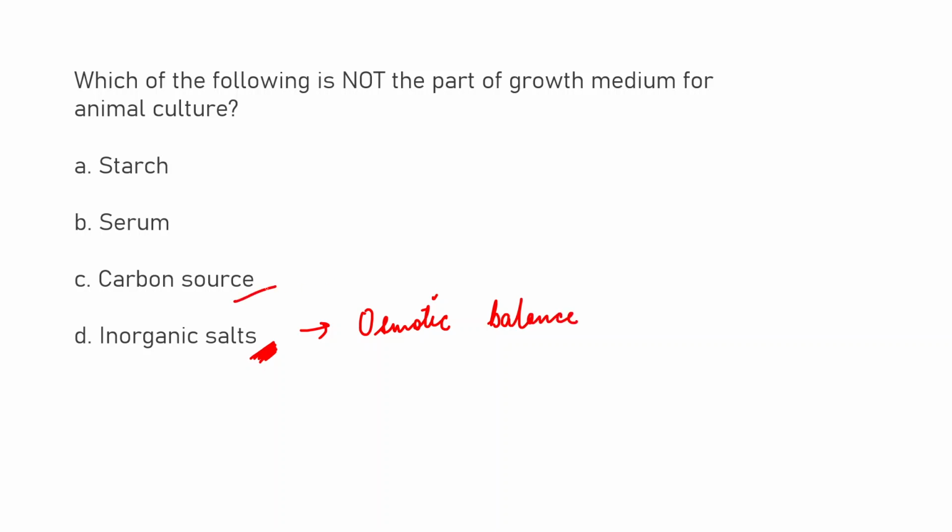CO2 and bicarbonate will be a part of the pH buffering system.